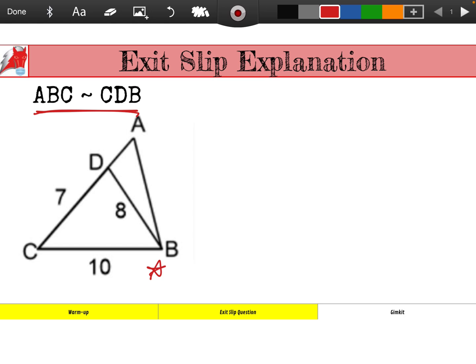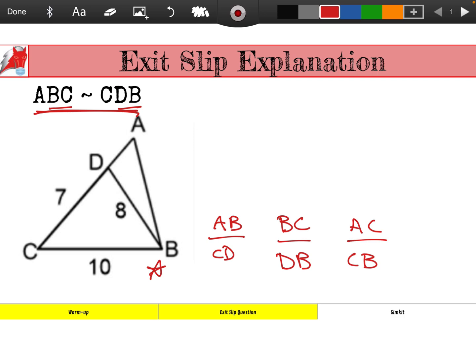So when I look at side AB, that's one that's missing, but I know that corresponds to CD, and that ratio is going to be the same as BC over DB. Remember, I'm finding these by looking at these pieces. And lastly, I also know that AC is the same as CB.